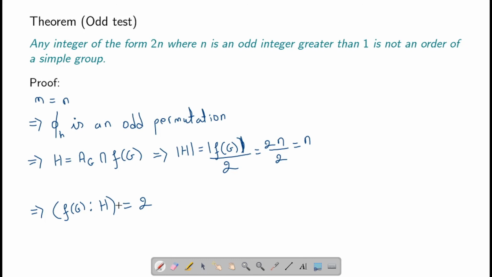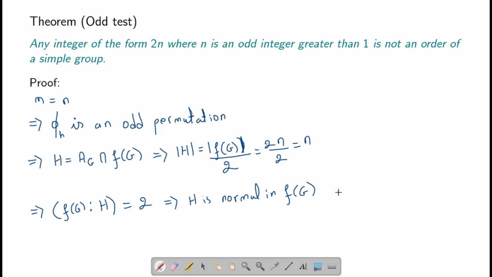That is, the number of elements in F(G) over n is 2. And since the index of H in F(G) is 2, this means that H is normal in F(G). So it is a proper normal subgroup of F(G).